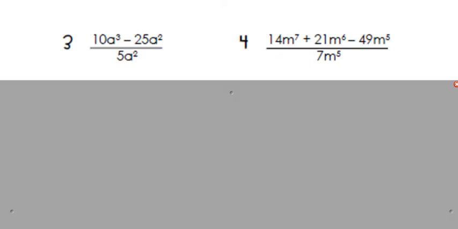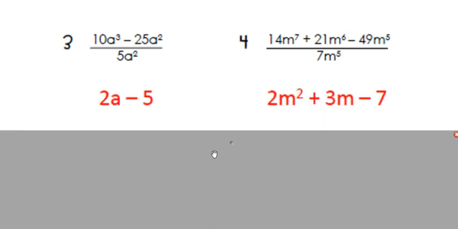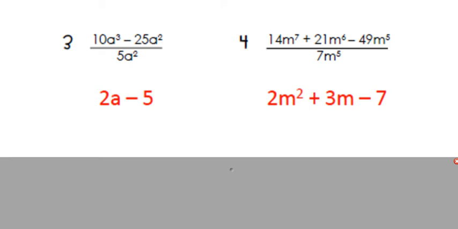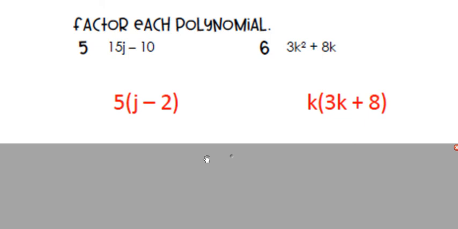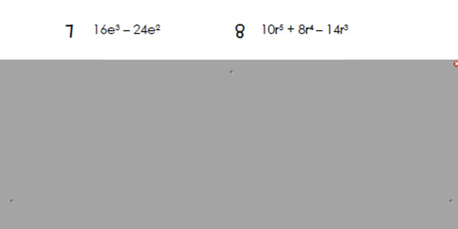Try number 3 and number 4. Try 5 and 6. Now we're going to factor, find the greatest common factor. We'll try 7 and 8.